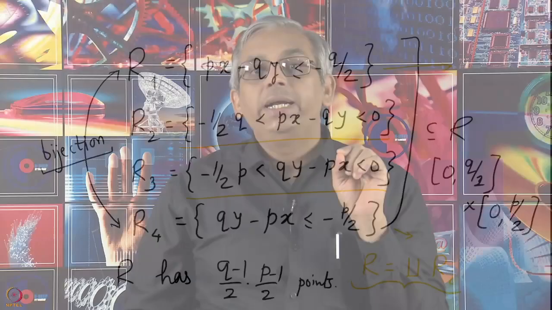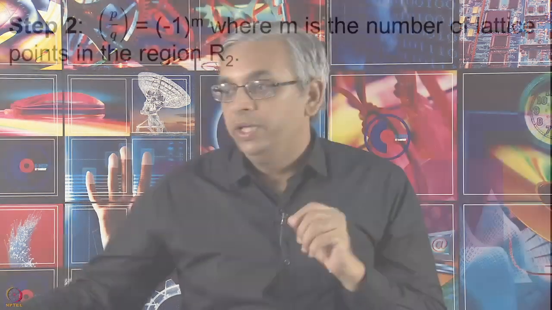Now, we go to the part R2. Note it carefully, it is -q/2 < px - qy < 0. This is the part of the rectangle that we are looking at and we connect it with the quadratic residue symbol (p/q).